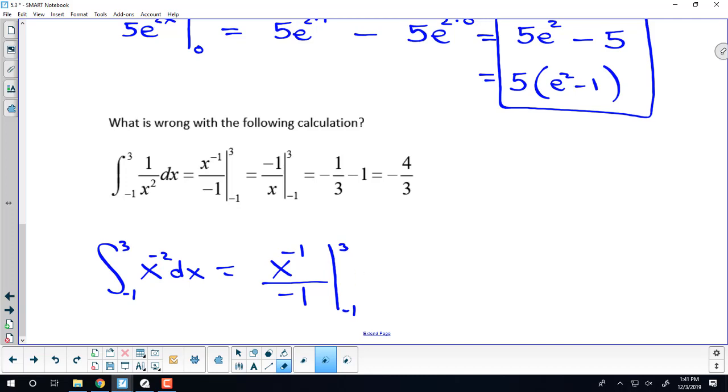So we're just going to reciprocate that, and since it's divided by negative 1, we write it like that. Is that all right? Nothing wrong with rewriting that algebraically.